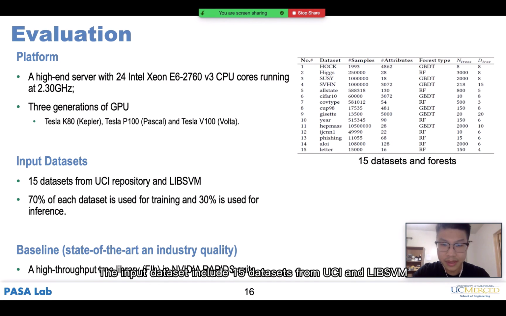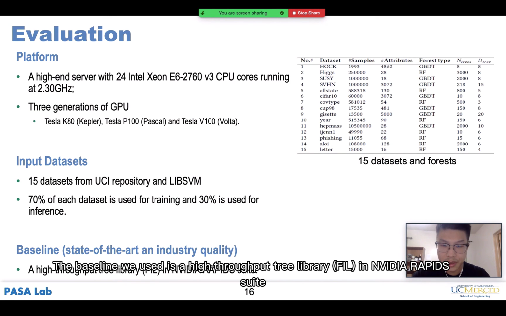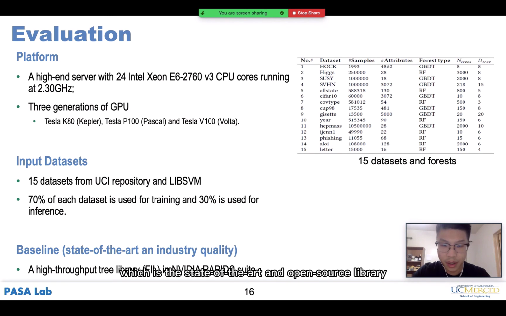The input dataset includes 50 datasets from UCI and libsvm, in which 70% of each dataset is used for training and 30% is used for inference. The baseline we used is a high-throughput tree library, FIL, in the NVIDIA Rapids Suite, which is the state-of-the-art and open-source library.